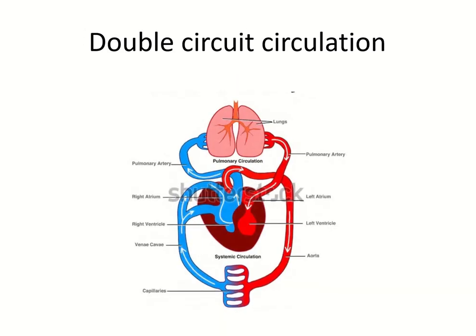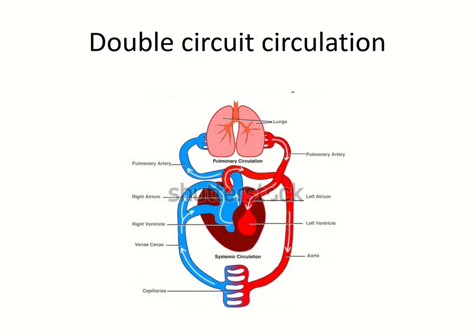While this is double circuit circulation within the body of birds and mammals. Complete double circulation is found. Blue color shows deoxygenated blood while red is oxygenated blood. From the lungs, the blood enters into the left atrium. From the left atrium, blood goes to the left ventricle.